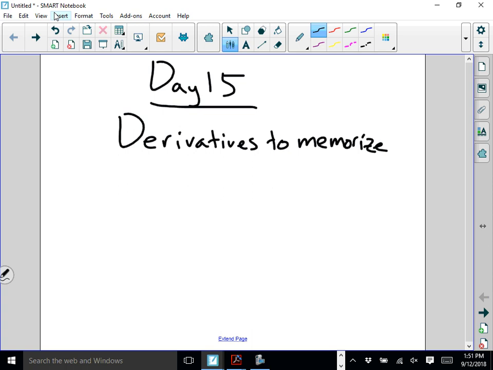So let's start by writing the power rule again. I just want to show you a little bit different notation for doing a derivative. So when we see d dx here, d over dx, that means we're doing the derivative of the expression ax to the n with respect to the x variable.